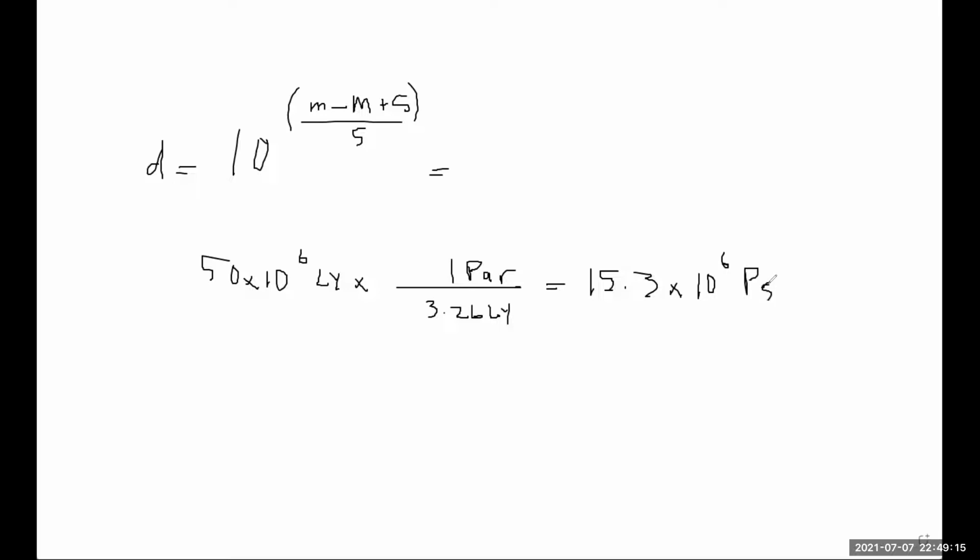I forgot, is the symbol pc? I think it's pc. So 15.3 million parsecs. That's what we expect the answer to be just from that table.